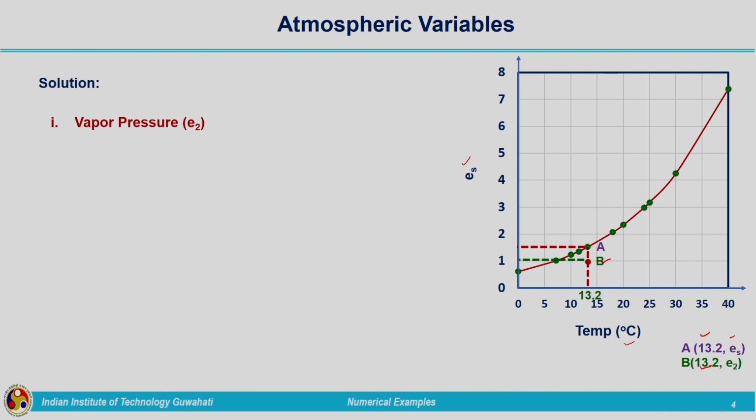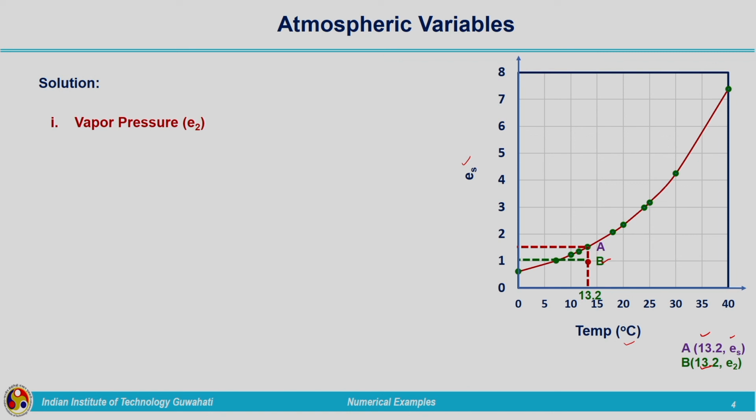But we are not expecting the saturation vapor pressure for a particular temperature. We need to calculate the vapor pressure corresponding to a certain level. We know the temperature corresponding to that particular level. So, we are considering a point B which has the same temperature, but the pressure is different.